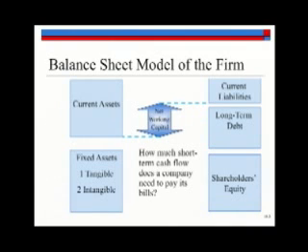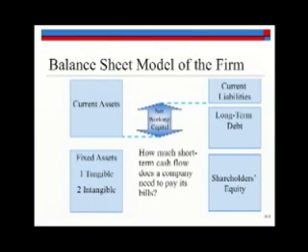So let's start with a little model that shows the balance sheet of the firm broken down into some categories. On the left-hand side we see current assets, and down below that fixed assets, and there are two types of fixed assets, tangible and intangible.